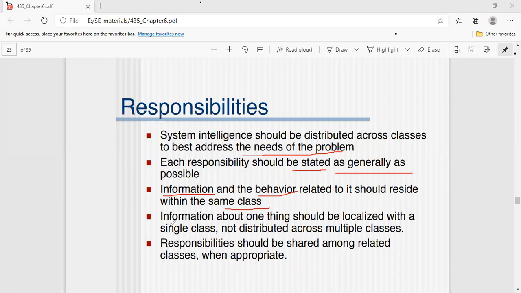And if we see the next point, information about one thing should be localized with a single class. Okay, not distributed across multiple classes. If you have some attributes related to one thing, that should be represented in a single class. Better don't try to distribute those attributes into another class.